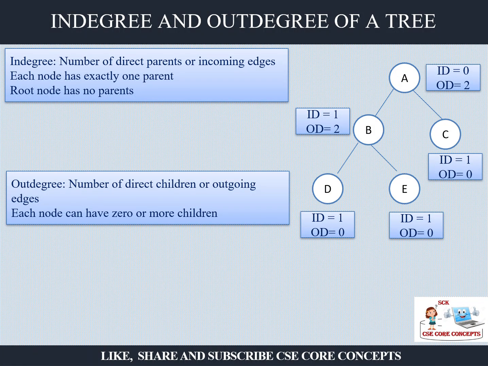So in degree of C is 1 and out degree is 0 because C has no children. For node D, in degree is 1 because B is the only parent, but the out degree is 0 because it has no child nodes. For E also, in degree is 1, from parent B, and out degree is 0, because it has no children.